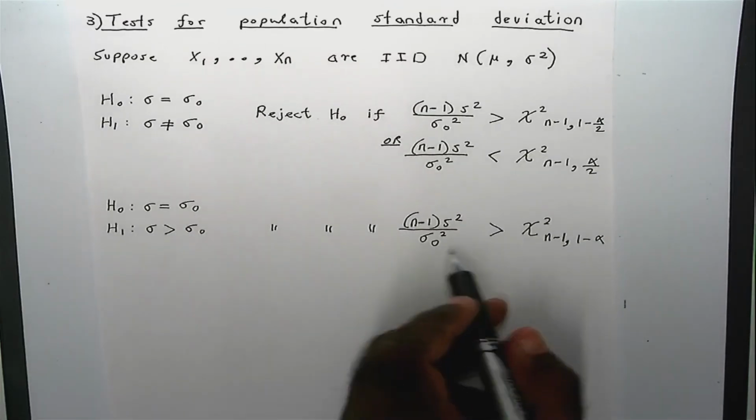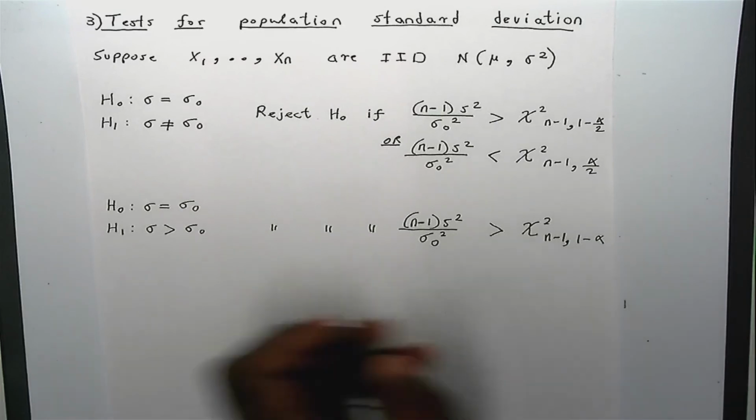Then the corresponding rejection rule is this, right?